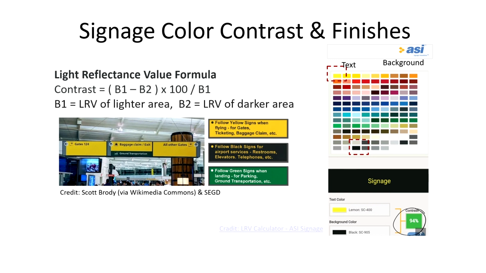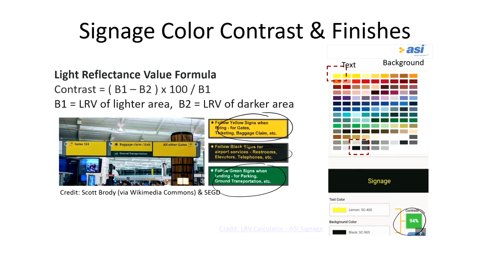For instance, here if you see, they have used the yellow color for flying the gate, that means the departure passengers, the black for the airport services, which are restrooms, elevators, telephone booths, the facilities at the station, at the airports, and green specifically for arrival, that is the parking, the ground transportation, etc.